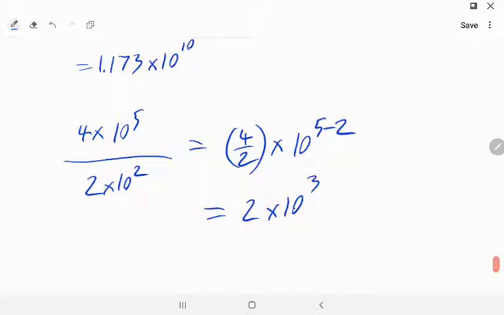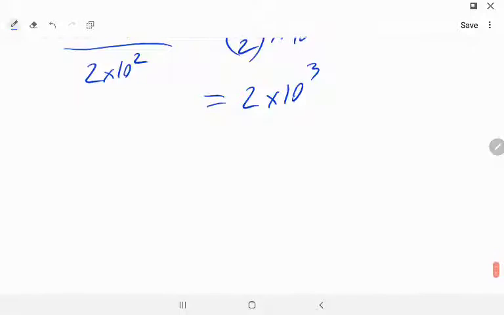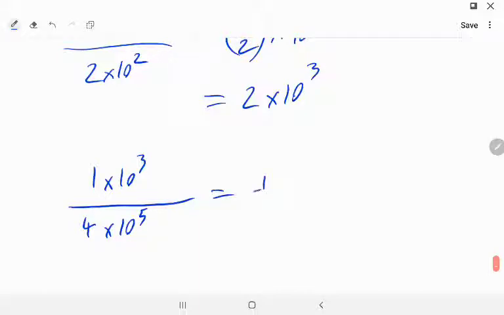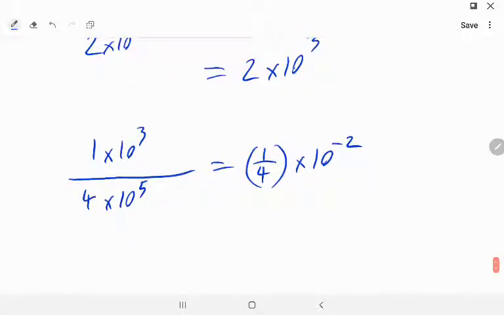The only place where that gets a little bit trickier is if we were going to look at something like 1 times 10 to the 3rd divided by 4 times 10 to the 5th. We notice that's going to wind up being 1/4 times 10 to the negative 2. We have to be a little bit careful with that, because that would be 0.25 times 10 to the negative 2.